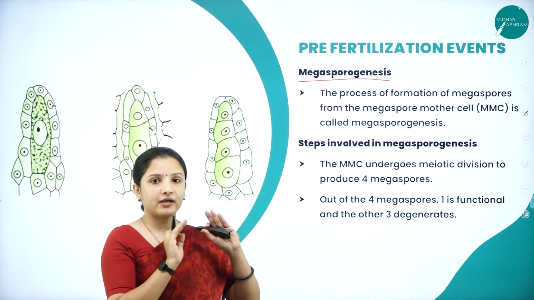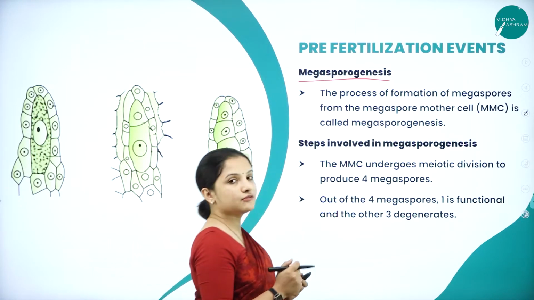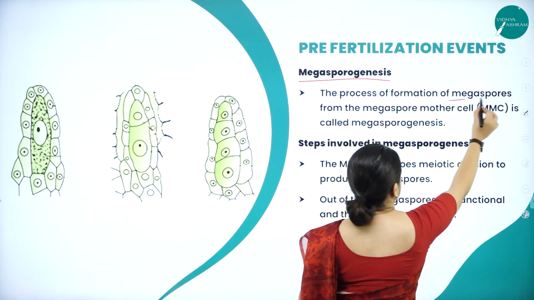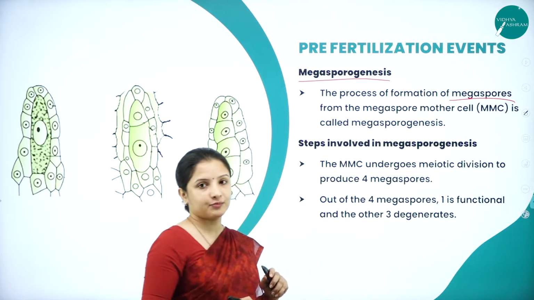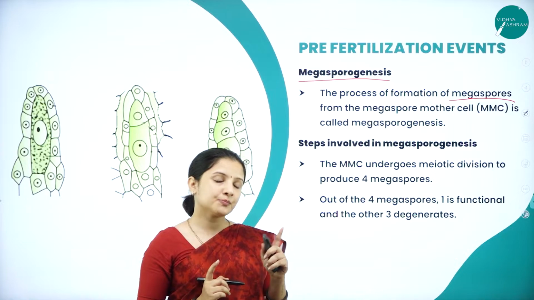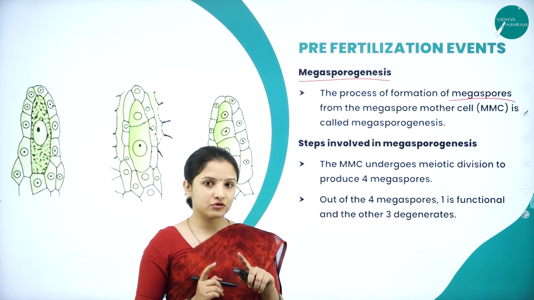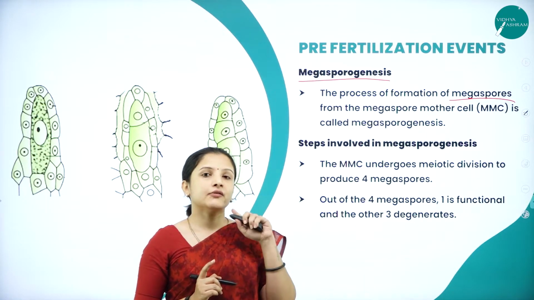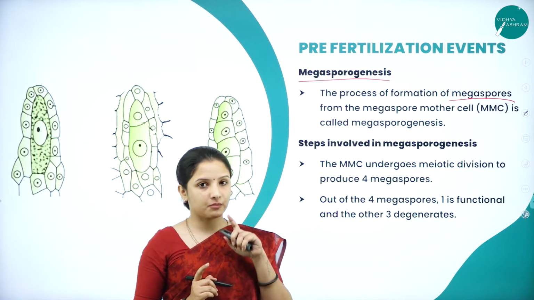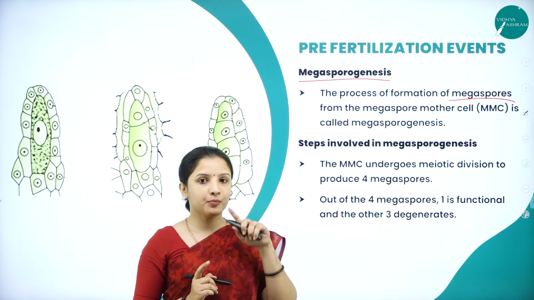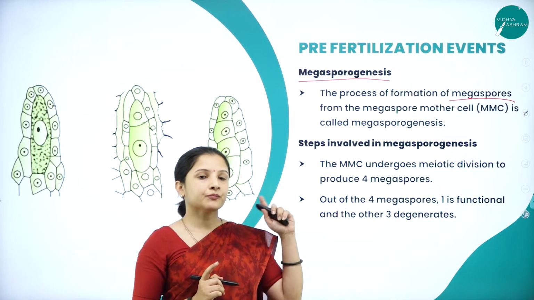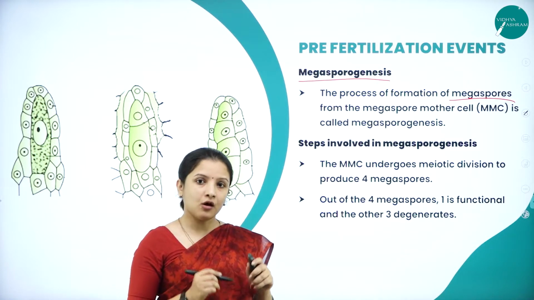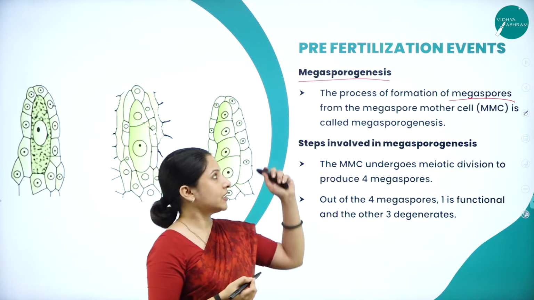In this case, in the megaspore. Remember, in the case of microsporogenesis, it was the process of formation of the microspores or the pollen grains from the microspore mother cell or the pollen mother cell.